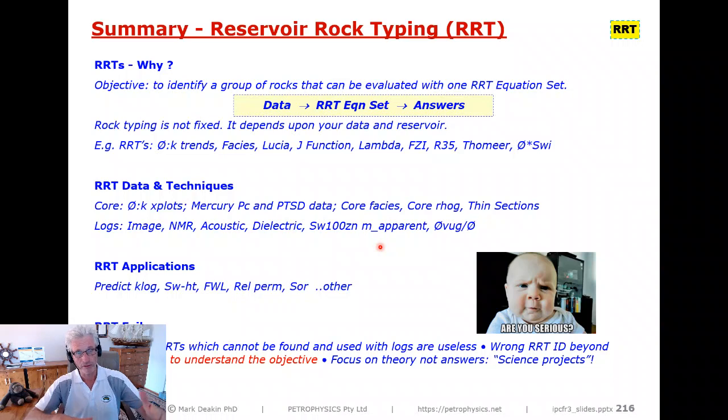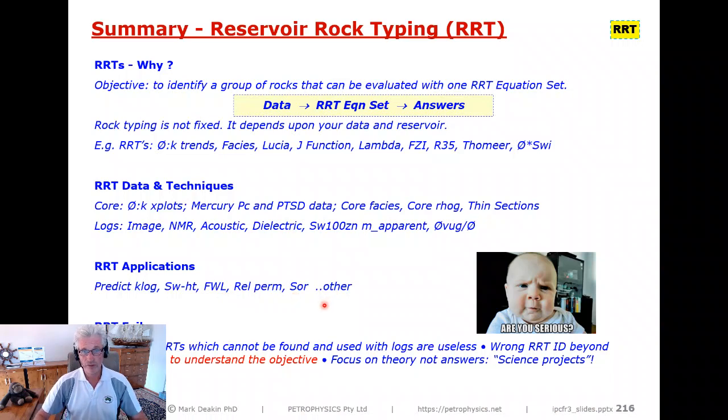You've got to split them out if you're going to use resistivity as a main part of your saturation determination. And the ratio of vug porosity over porosity is also normally quite an important parameter to look at for your different rock types. The applications, of course, are to predict permeability, to predict saturation height, to predict free water level, if you know what those two are, relative permeability, residual saturation, etc.